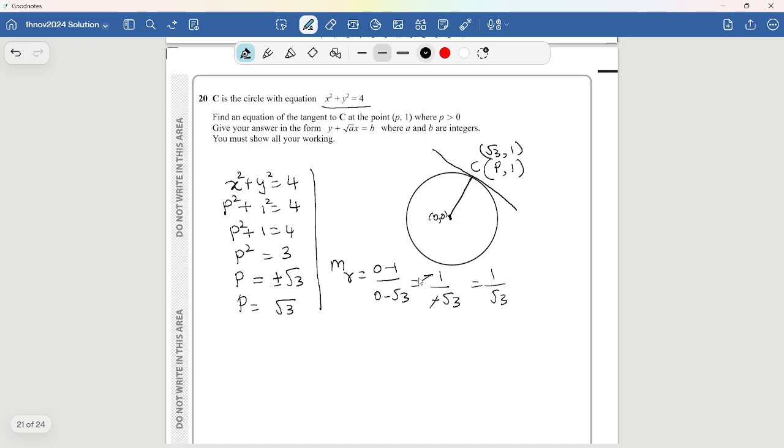The tangent to this circle is always perpendicular to the radius. This is the symbol I use to represent perpendicular. Instead of writing the whole word, I can use this symbol. So the tangent is perpendicular to the radius.